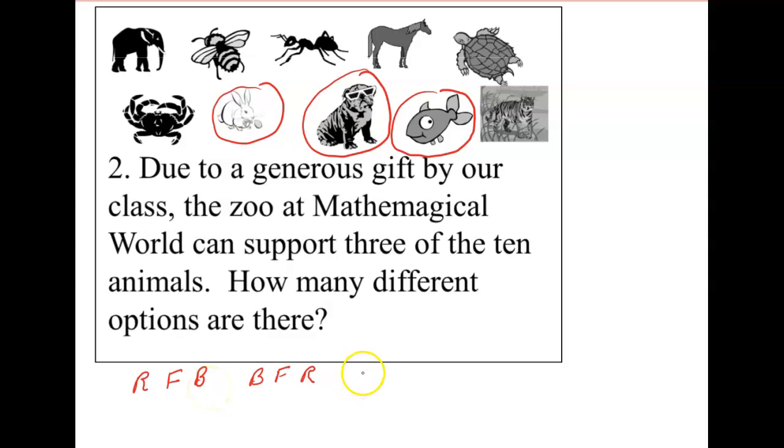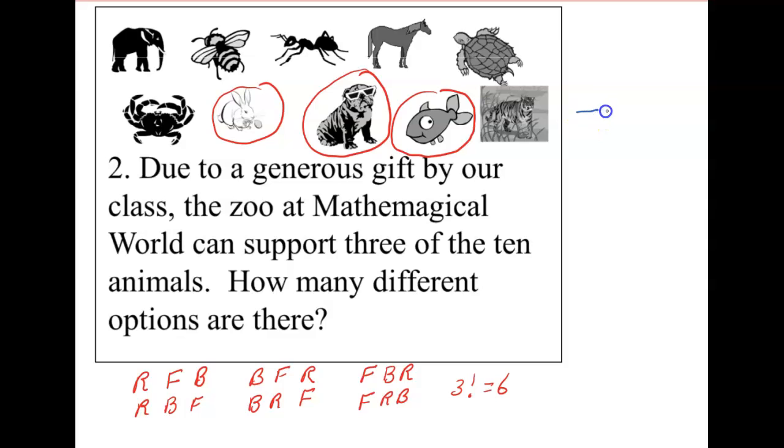If you were to list them out, maybe it was fish, bulldog, rabbit, you will notice that there are 6 different ways. What's the mathematical way of getting that? 3 factorial. So there are 3 factorial, or 6 ways to rearrange the letters R, F, and B.